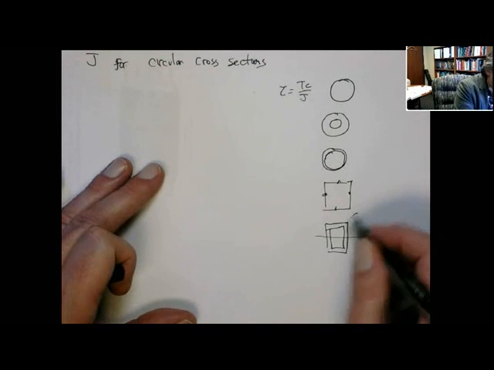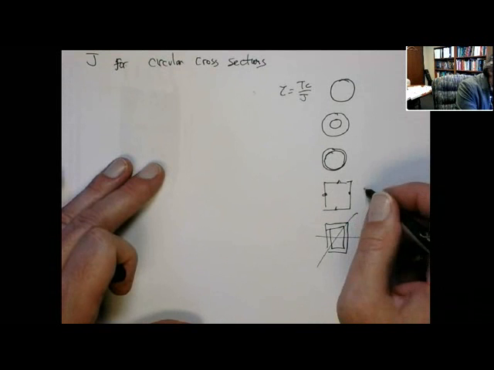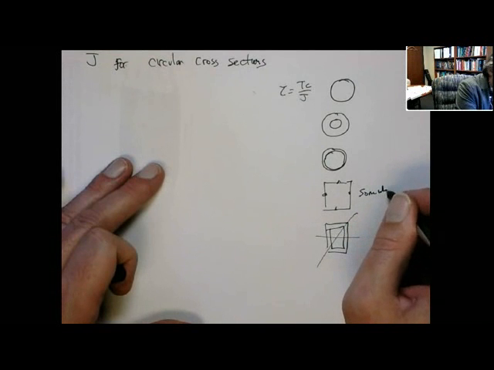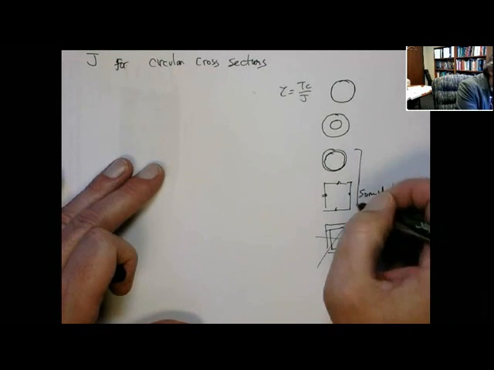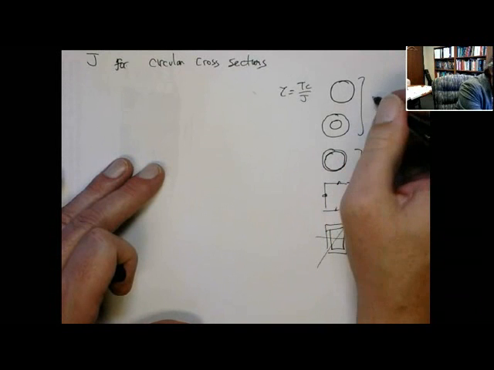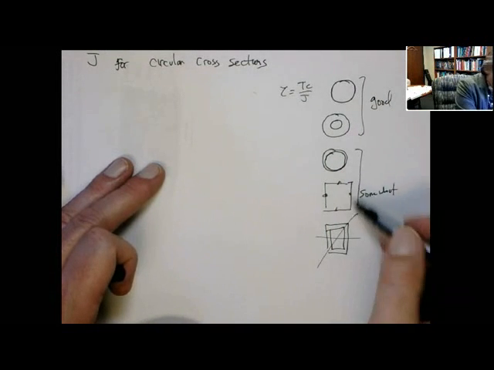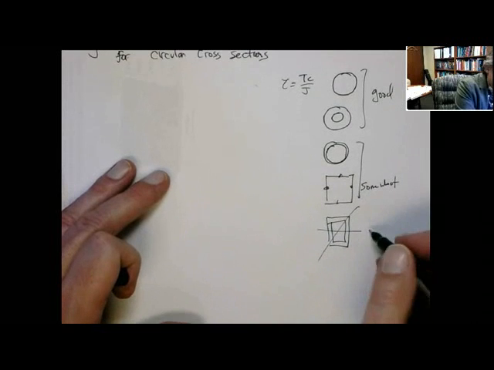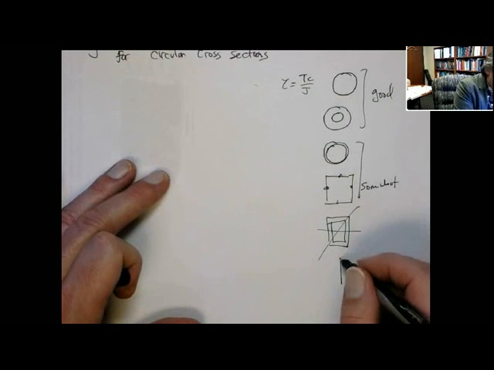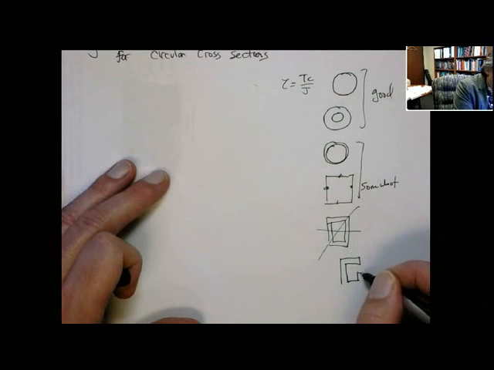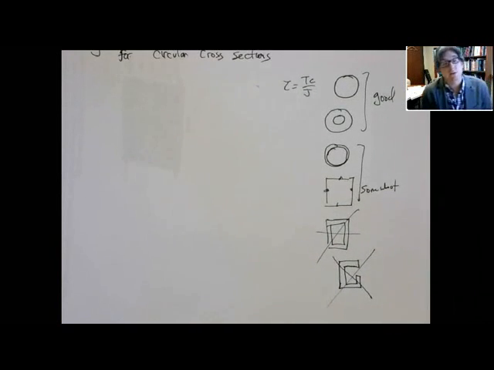You really can't use it for this; you can use it somewhat. Everything we're doing is good for this. When you start getting into other situations, you can use it a little bit, but this one you really shouldn't use it. Definitely with open, thin-wall cross sections, the shear stress distribution is quite a bit different than this pinwheel polar distribution we deal with.